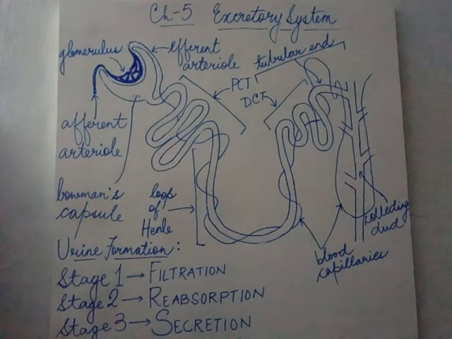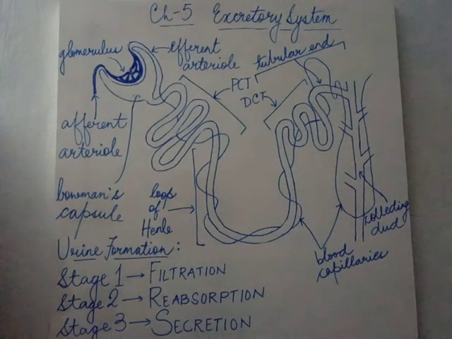That is why, for the survival of a person, it is very essential to get rid of these nitrogenous metabolic wastes from the blood, and this is done during excretion by the nephrons which are present in our kidney.